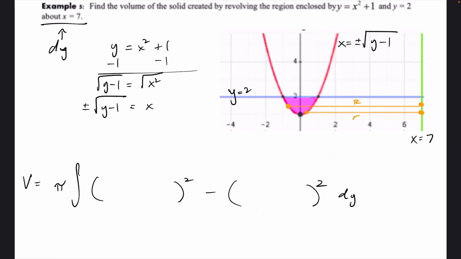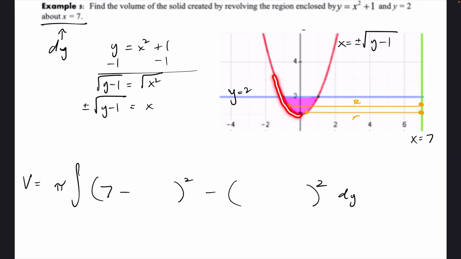So it's going to be 7 minus, which one is it going to be? Positive or negative square root? It's not going to be both. It's going to be negative. Why negative, Damien? Because it's on the other side, right? On this side is where the x's are negative, so it's always going to be a negative value for x.